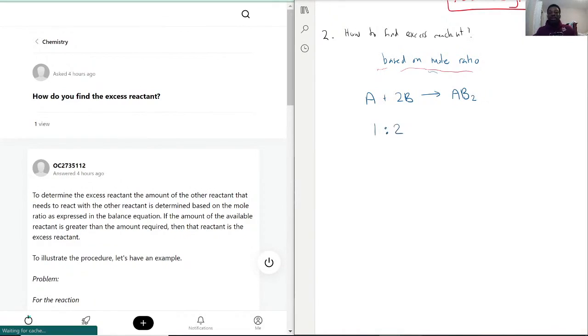So if somebody said that I was given 0.6 moles of A and 0.8 moles of B, yes, B has more moles present, but it wouldn't be excess reactant. We want to see if it still has that ratio of 1 to 2.